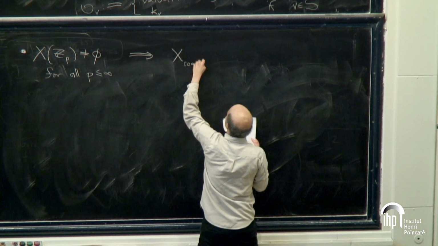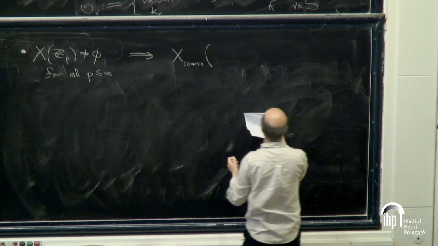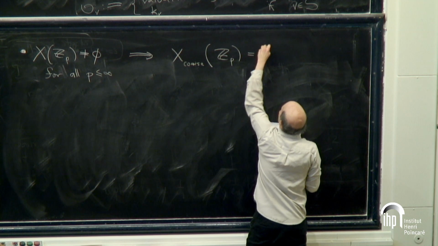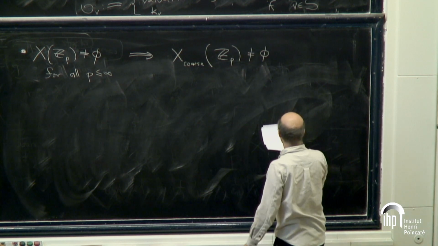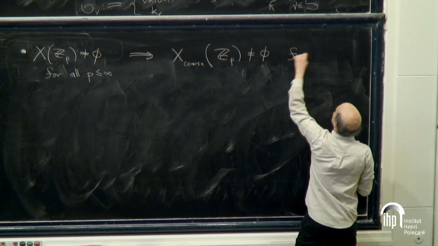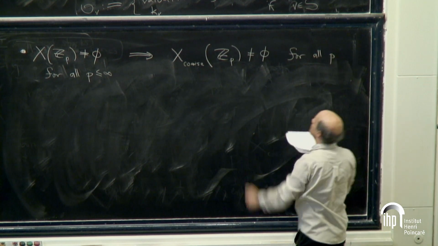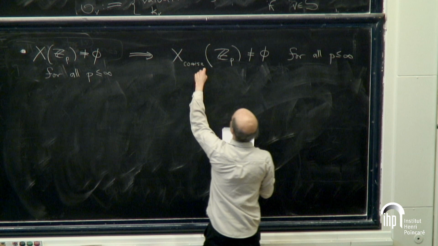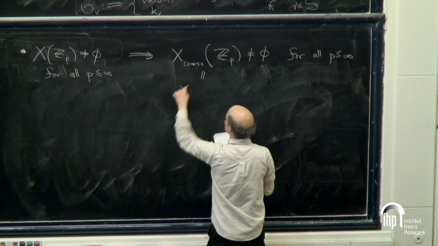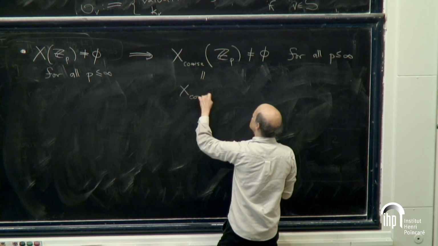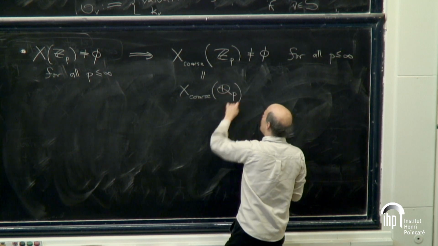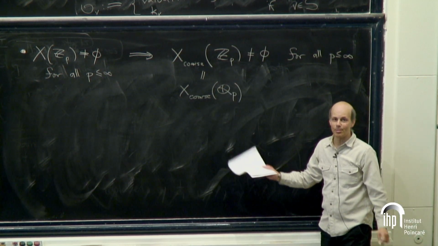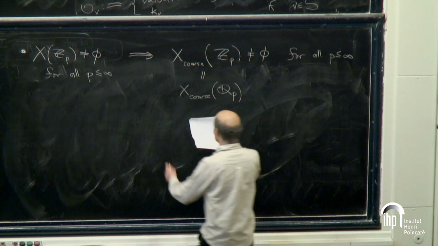And so this tells you that the coarse space also has a Z_p point for all p. And this is a proper curve, so this is the same as the Q_p points. Okay, but this is nice. We have a genus 0 curve that has Q_p points for all p.